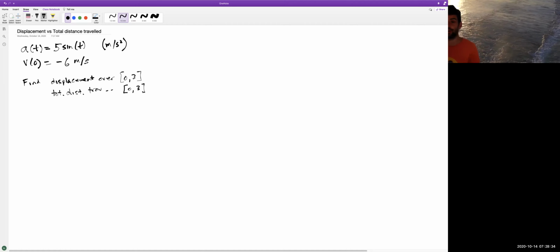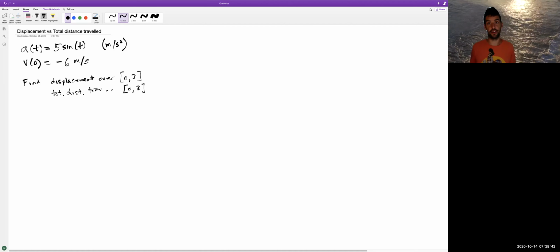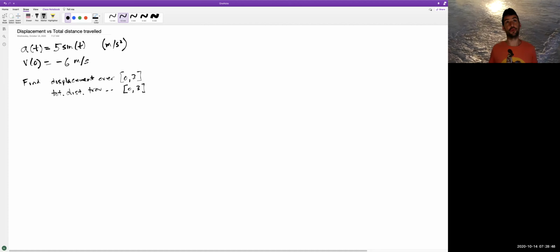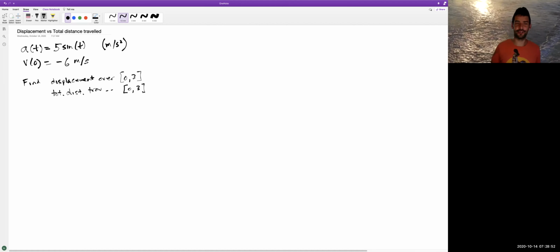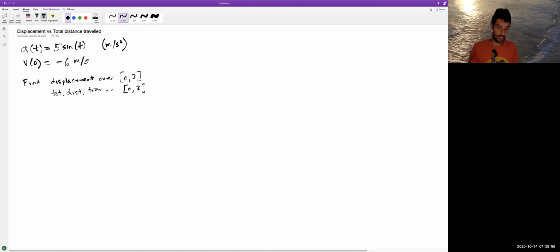If I took 3 this way and 4 back and then 2 back this way, I'll end up 1 step away from where I started, in the positive direction if I call that first direction positive. But on the other hand, I took 3 plus 4 plus 2 steps, and we add those up. That's how far I traveled, right?